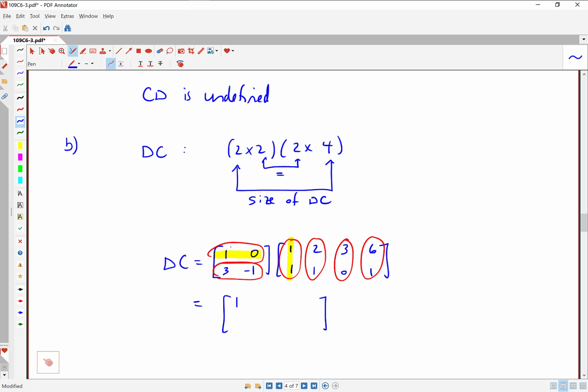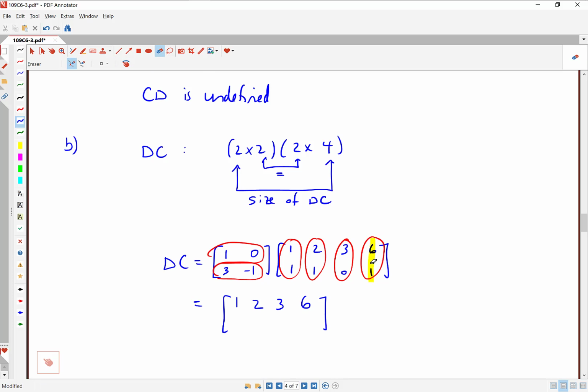Then we stick with that first row, but move across the different columns. Now this dot product, 2 plus 0 is 2. Keep moving across those different columns, and that's just building up the first row of your product. Now this dot product, 3 plus 0 is 3. And then finally, this dot product, 6 plus 0 is 6. So that's our first row done.